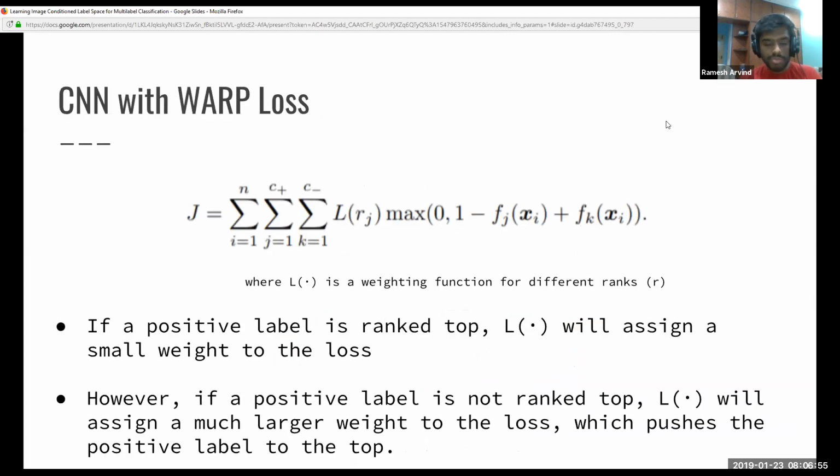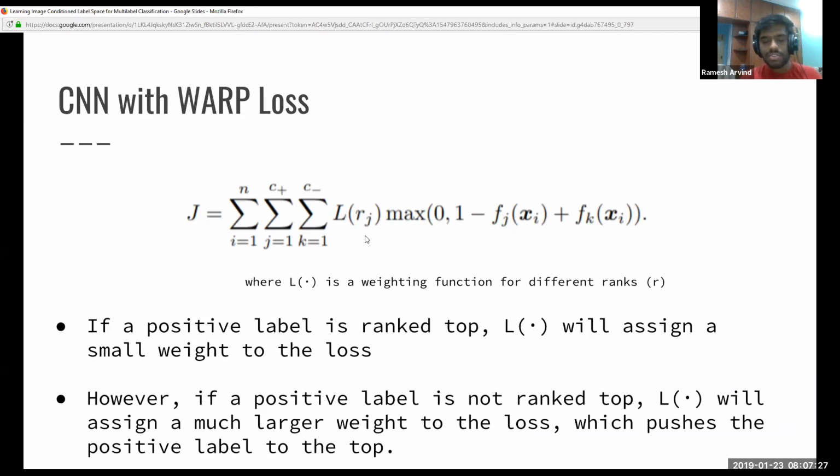One more architecture is a different loss function, in fact. The WARP loss is something that you can plug into your existing CNN architecture. It's a pairwise ranking loss function, which maximizes the distance between positive and negative labels, but there's an additional ranking factor present. Before you perform the training step, you rank all of your labels.